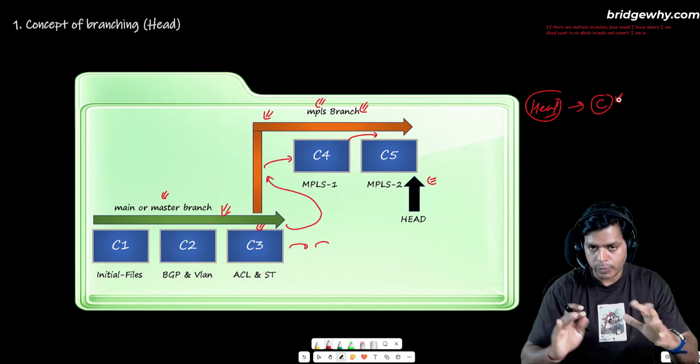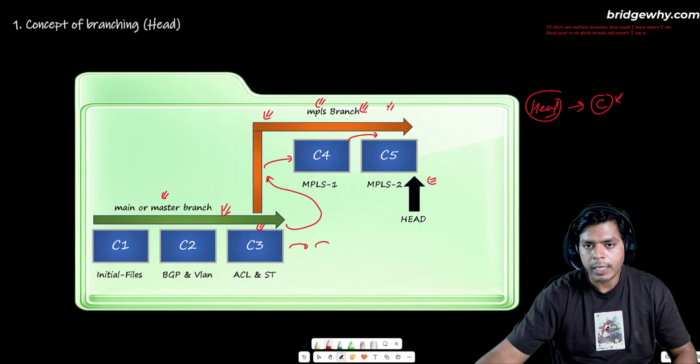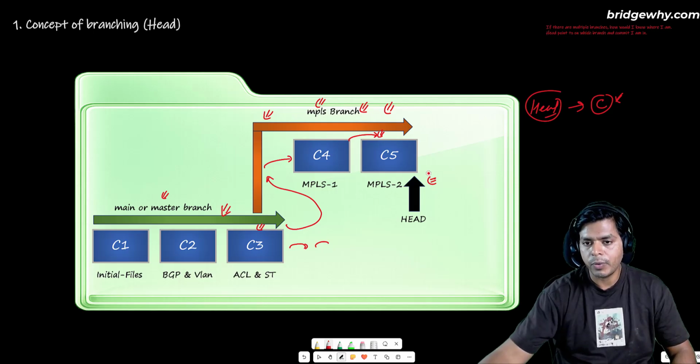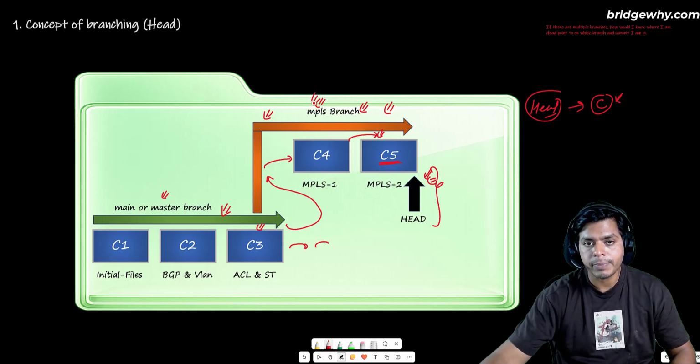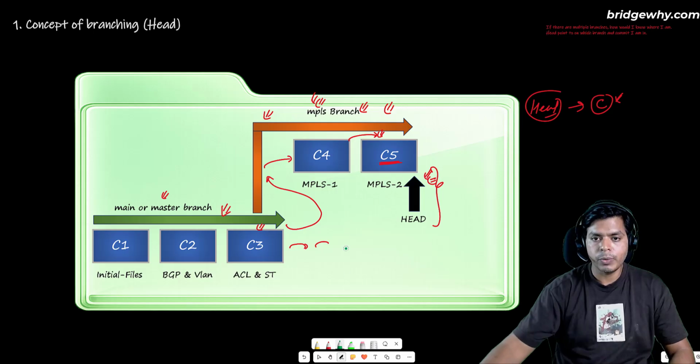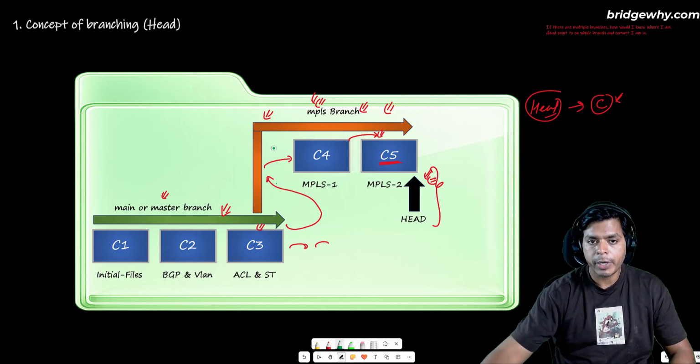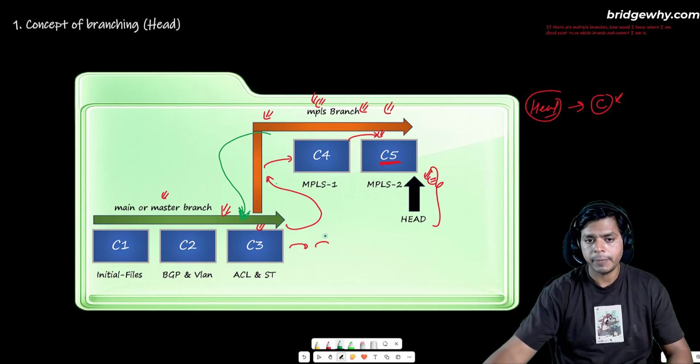Suppose you are in MPLS branch and your latest commit is C5, then there is somebody who is always going to point to C5. This will represent that right now you are at commit 5, in MPLS branch. But as soon as you switch back to your main, for example, right now you are in MPLS branch, but you want to move back to your main branch, you can do that very easily.